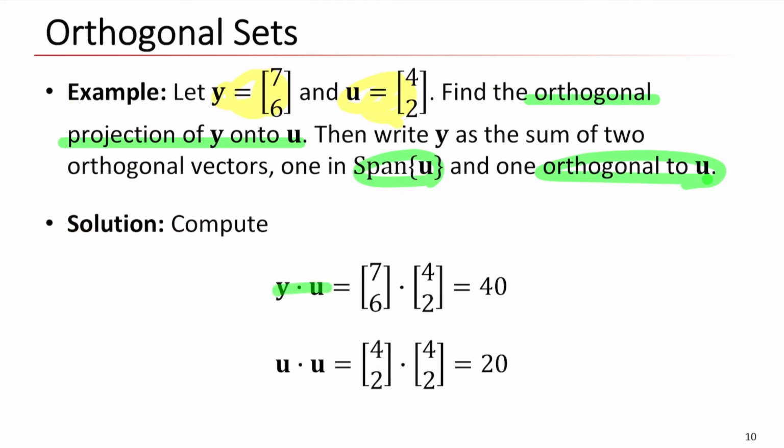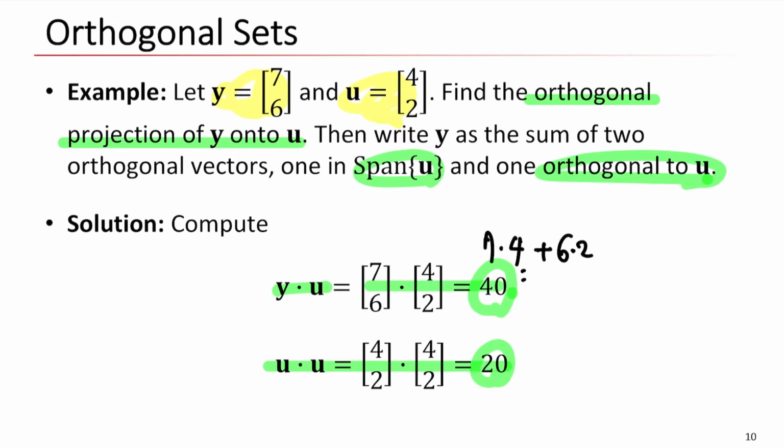So Y inner product U is equal to 40, 7 times 4 plus 6 times 2, right? What about vector U inner product vector U? It is equal to 20.